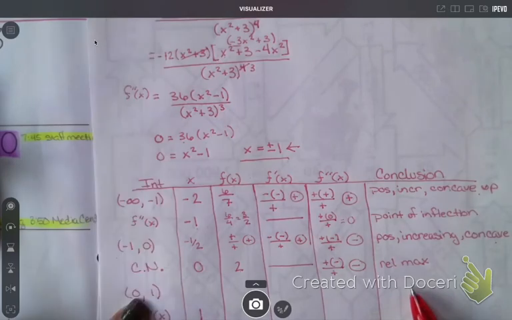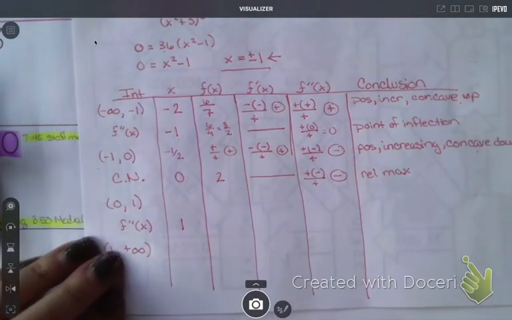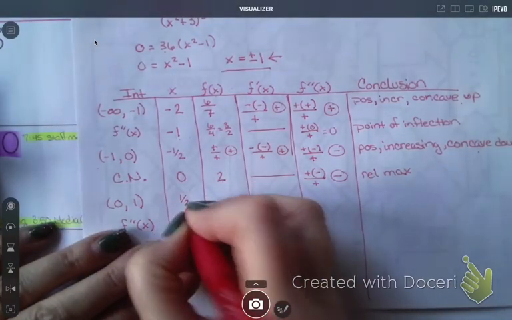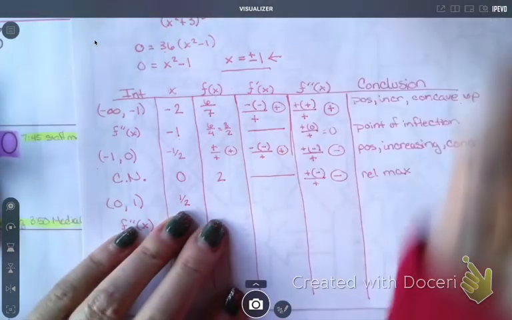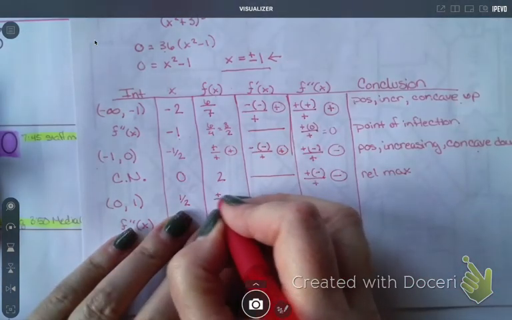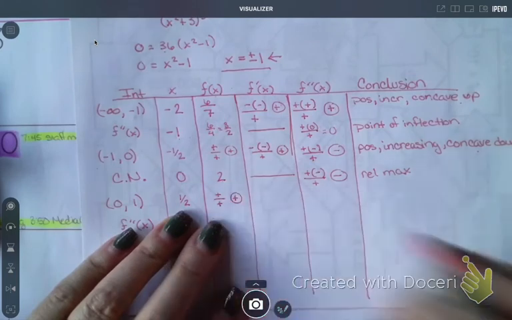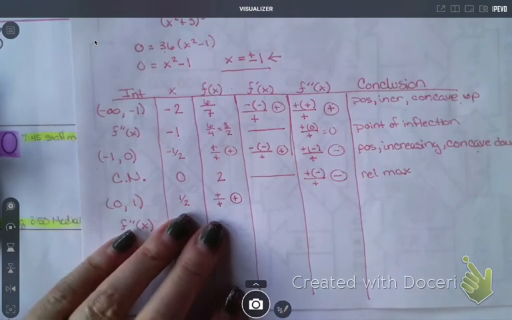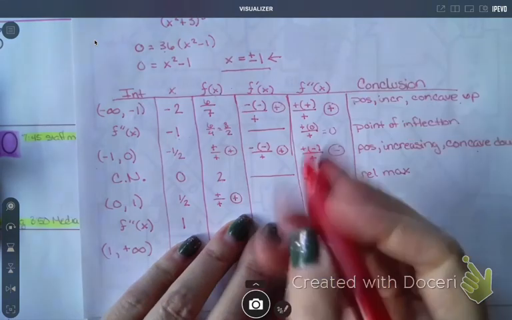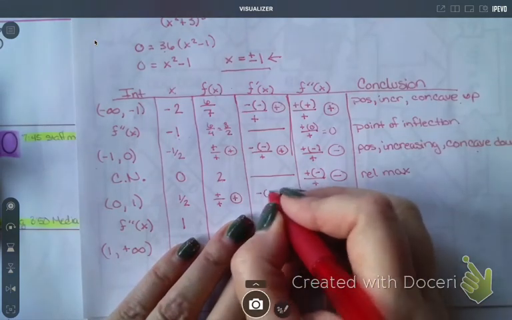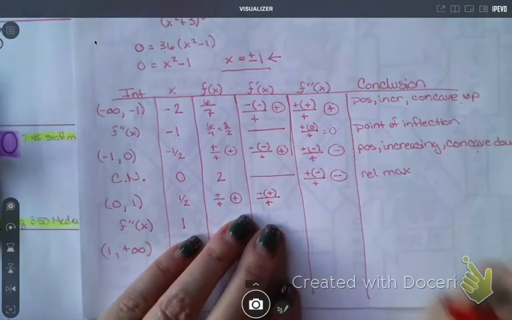Okay, so 0 to 1, give me a number. Half? Okay, so if we plug half into f of x, the numerator is positive, the denominator is positive, so the whole thing is positive. First derivative, negative 12 times positive half over a positive, so the whole thing is negative.